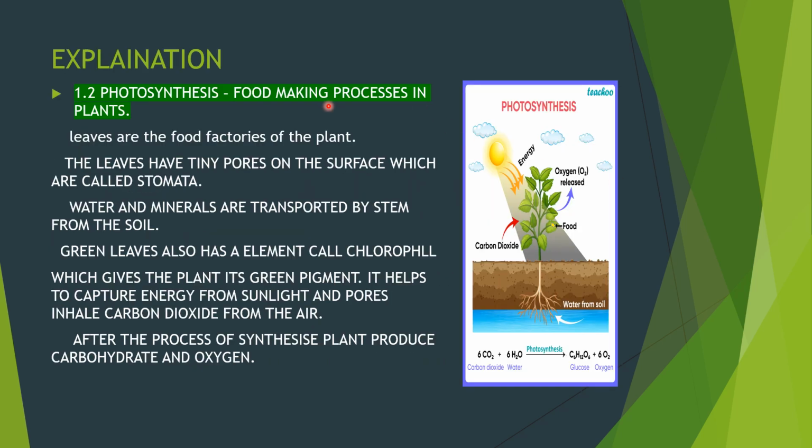Explanation 1.1, Photosynthesis, the food making process in plants. Leaves are the food factories of the plant. So mainly the leaves make the food. A leaf has tiny pores on the surface which are called stomata.